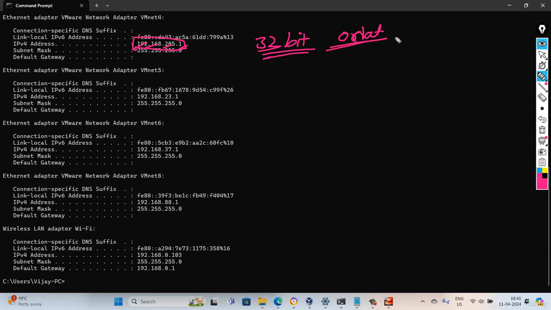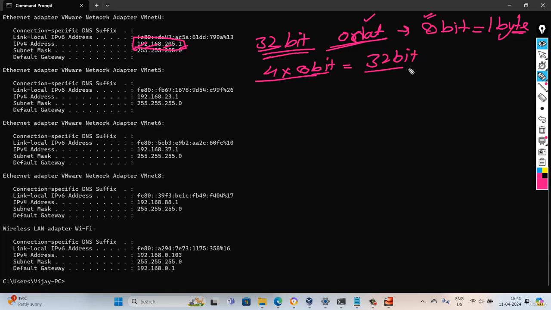Because the value of a single part is 8 bits or 1 byte. So how many octets are there? 4 octets. Every octet has 8 bits, which equals a 32-bit IP address.